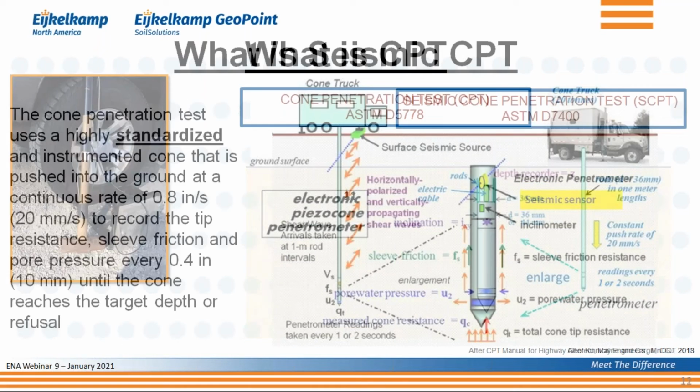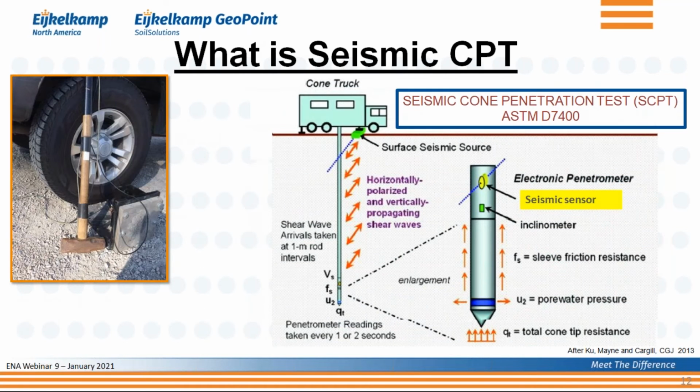But what you can do as well is put behind that cone, as you see on the right-hand side, an additional adapter where we have a seismic sensor. The truck or the pusher is still pushing the cone into the ground at the standard rate, but since you have to stop every meter anyhow to put a new rod in place, you stop there and you create a seismic wave.